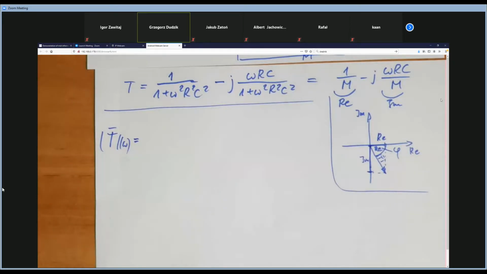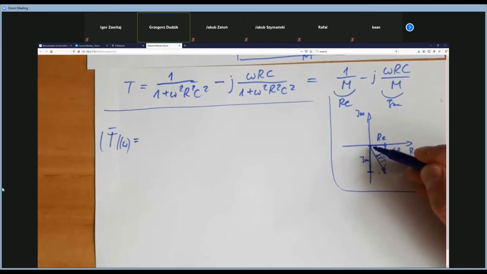We can find it from Pythagoras. Yes, that's right. We can find it using the Pythagoras expression, or we know that this is the vector, yeah? That's right. And the length of this vector, in fact, is equal to what?